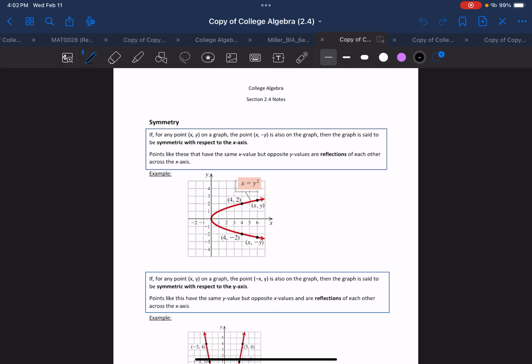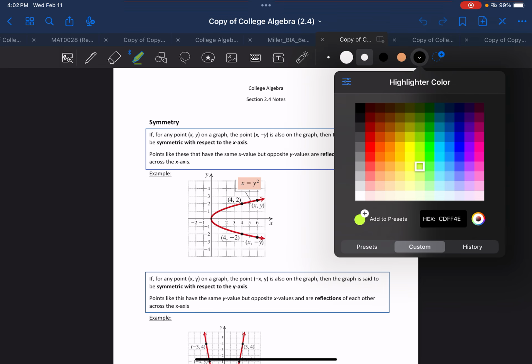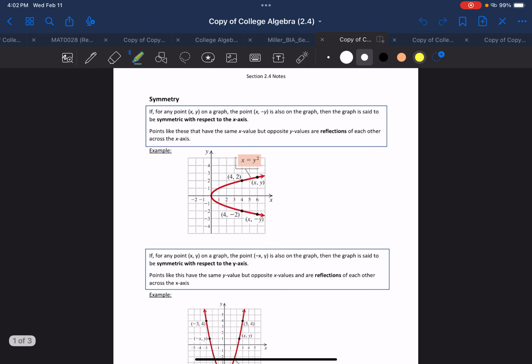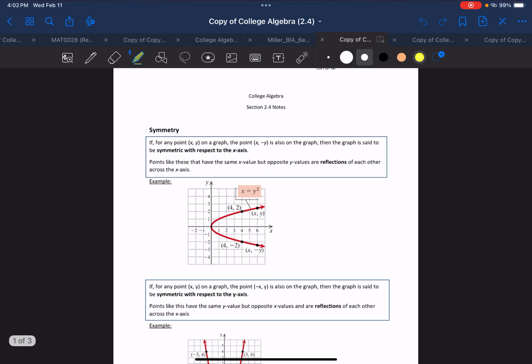So 2.4 is all about symmetry of functions. This is just another property of graphs, not necessarily functions, but all graphs that we can analyze. And when we talk about symmetry of graphs, we're really talking about the same thing you learned in grade school.